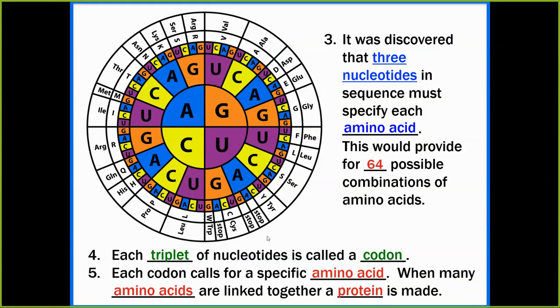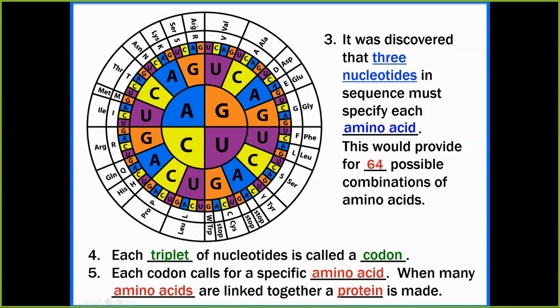Again, if you don't 100% understand this right now, it is not a big deal. We'll be working with this all week, and next week as well. This is all the RNA stuff. So let's say, for example, I had adenine, guanine, and guanine. So I have AGG as a codon. Start in the middle, go to the second ring, go to the last ring.